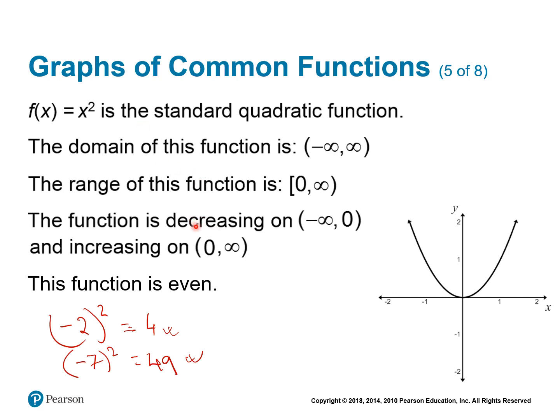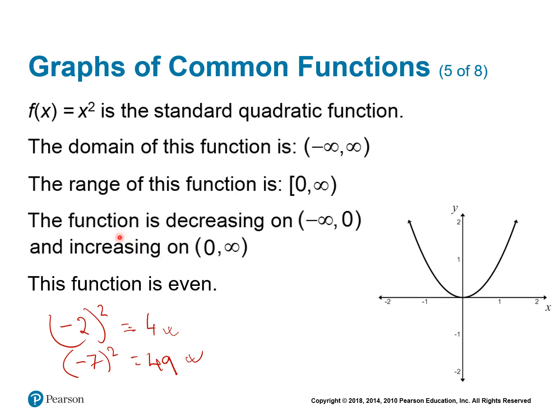The function is decreasing on the x values from negative infinity to 0. So here too, just like the V-shaped graph before, we see that the U-shaped graph also keeps dropping, keeps falling as we move from negative infinity along the x-axis to 0, and then after 0 it makes a U-turn and keeps rising, correct?